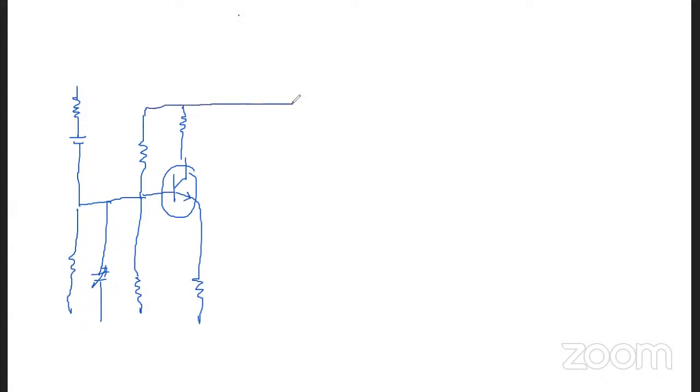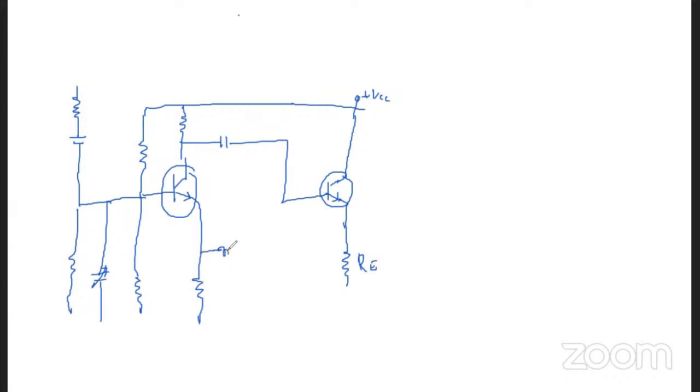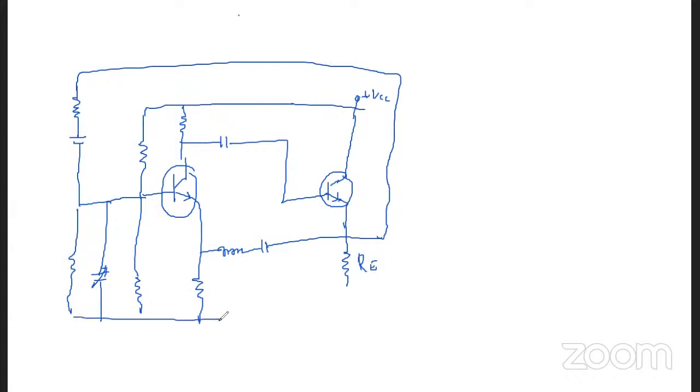The output will be connected to a capacitor, which will be connected to another transistor here. This total value is connected to plus VCC. Here this will be connected to an emitter resistance, and here we have a combination of L and C. This will be fed back. All these are connected to the ground.